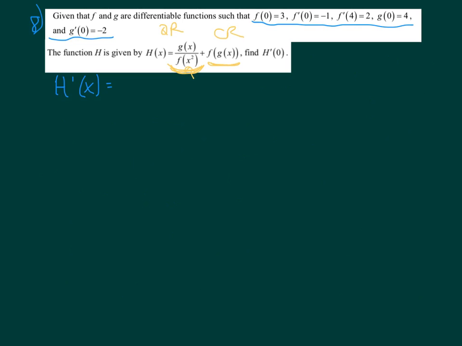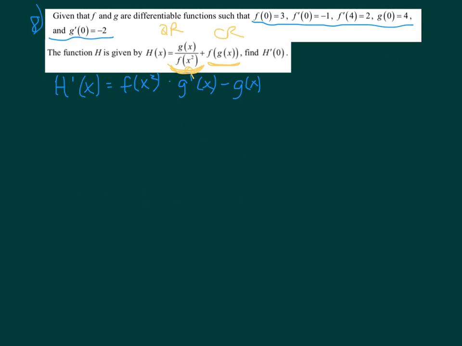So, h prime of x. First we're going to go ahead and use the quotient rule on the left-hand side. So low d high minus high d low over low squared. Okay, so low would be f of x squared. D high is just the derivative of g of x, which is just g prime of x. So low d high minus high, g of x, d low.